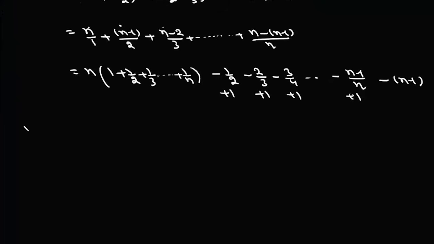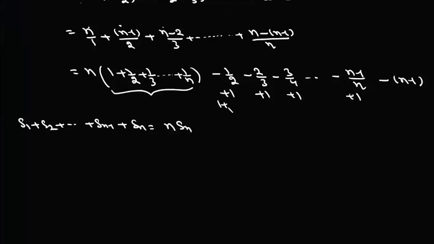So we'll get the series as S1 plus S2 plus Sn minus 1 plus Sn. It will be n into Sn. Now this is plus 1 by 2 plus 1 by 3 plus 1 by 4 plus 1 by n, and we'll add 1 and we'll subtract 1.